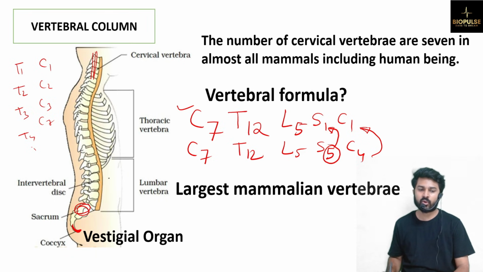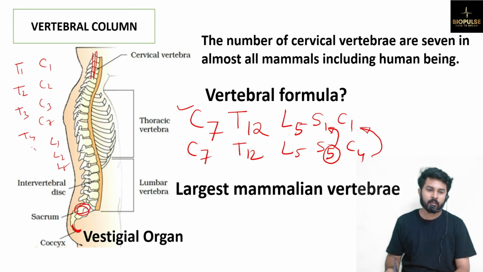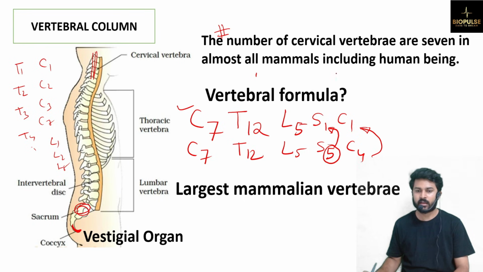If I am talking about lumbar, I can similarly say L1, L2, like this up to L5. Correct? Now, about cervical vertebrae, this is an important point. The number of cervical vertebrae is 7 in almost all mammals.